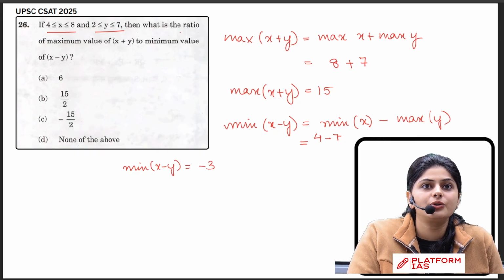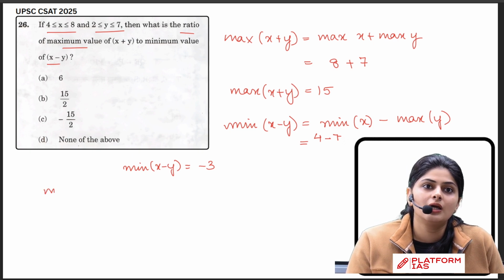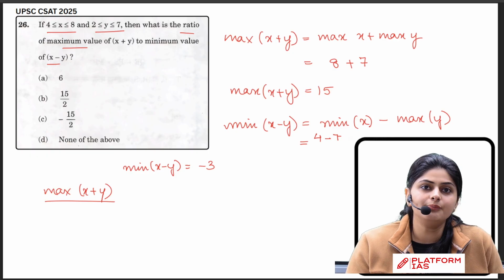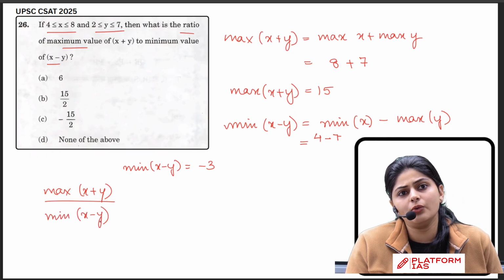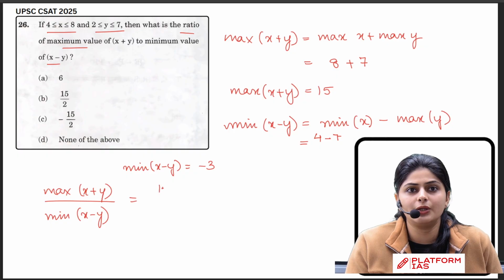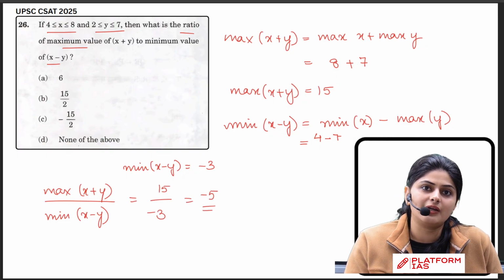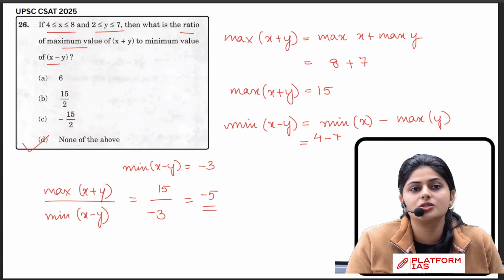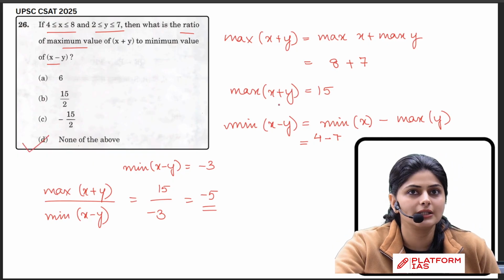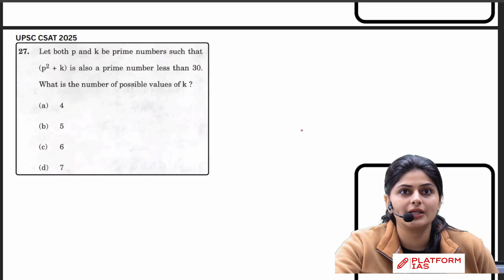Now the ratio of these two values is being asked. The maximum value of x plus y to the minimum value of x minus y will be, substituting the values, 15 over minus 3, that is minus 5. As we cannot see minus 5 in any of the options, our answer will be option number D. Now moving to the next one.